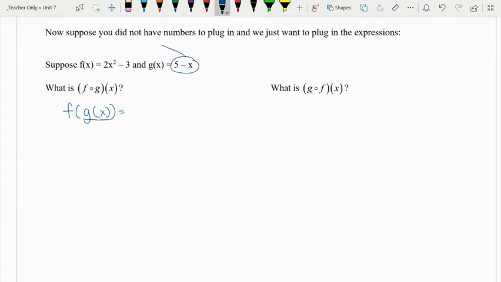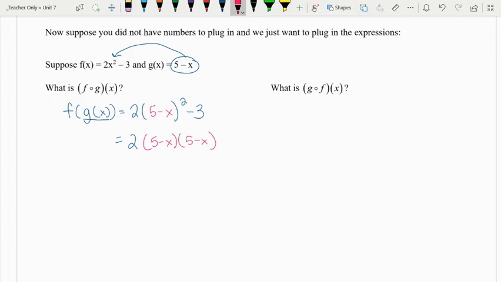So we're going to take 5 minus x and we're going to plug it in right there. So we now have 2 times our new x, which is 5 minus x, and we're going to square it, minus 3.